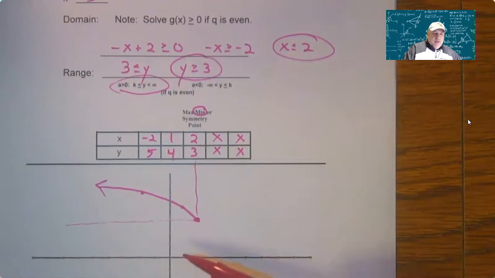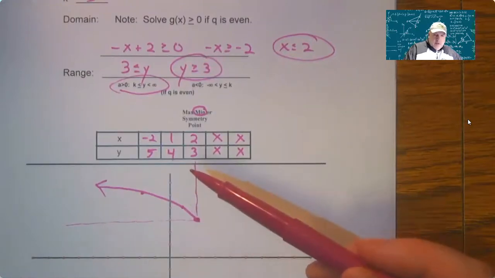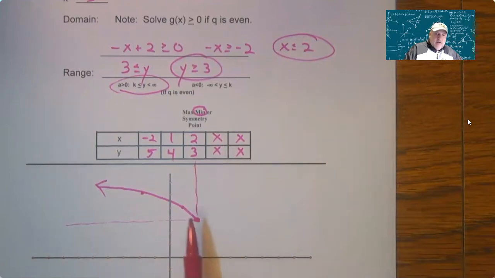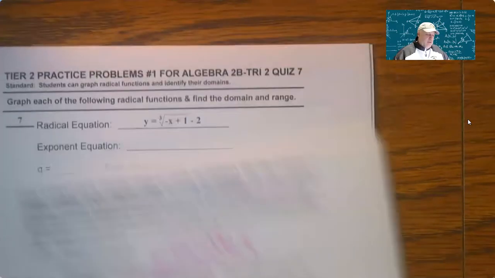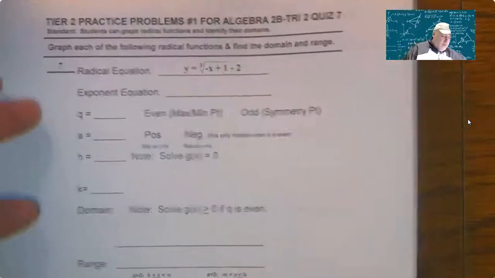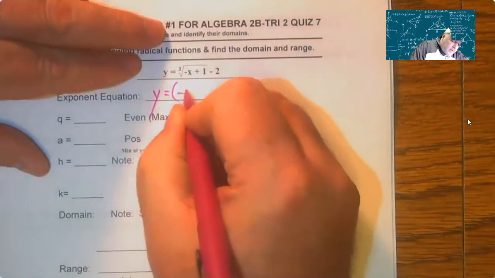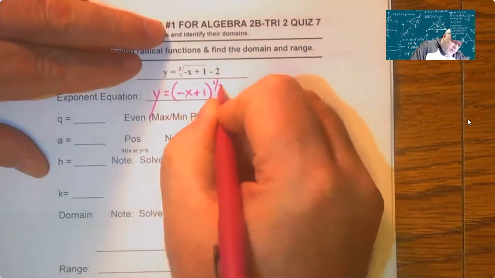So like everything greater than or equal to 3 is the range, and everything left of 2 less than or equal to 2 is the domain. So you should be able to check the domain and range out once you are done to make sure that it makes sense. So negative x plus 1 to the 1/3 minus 2.